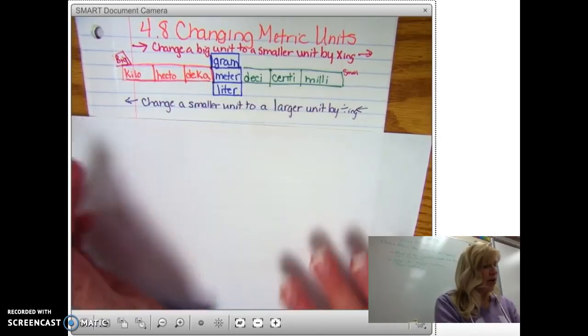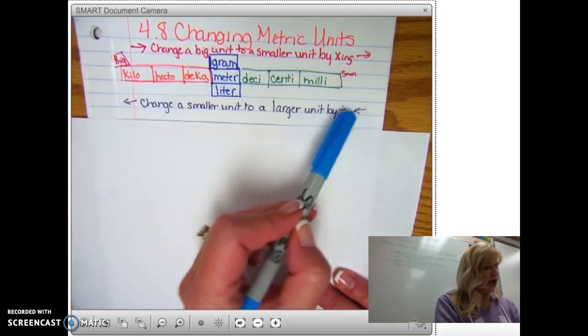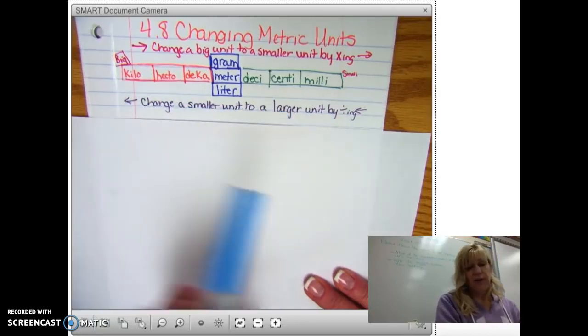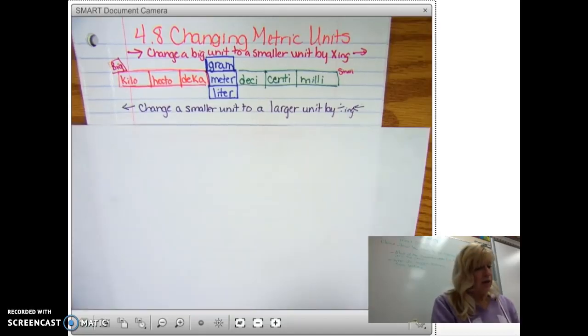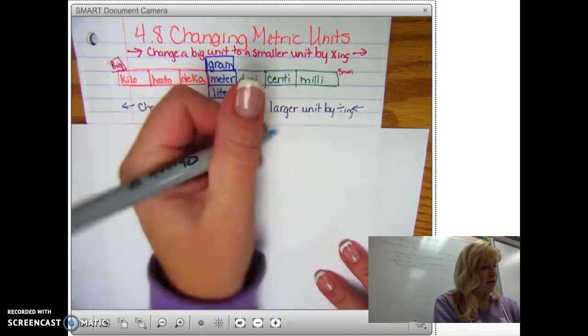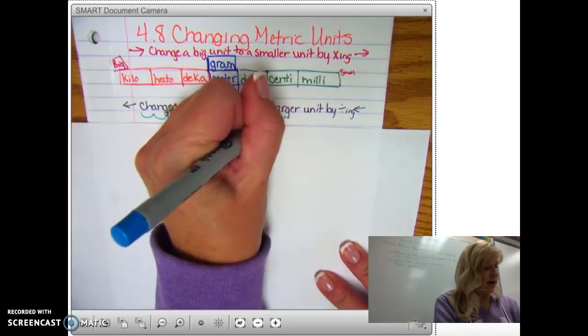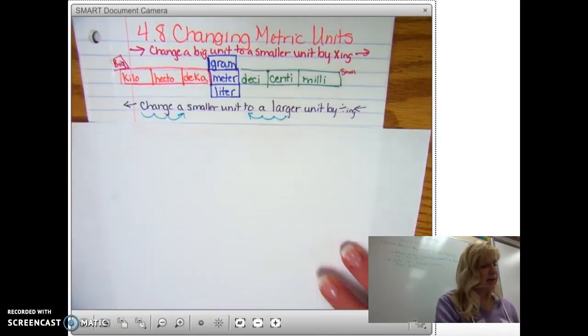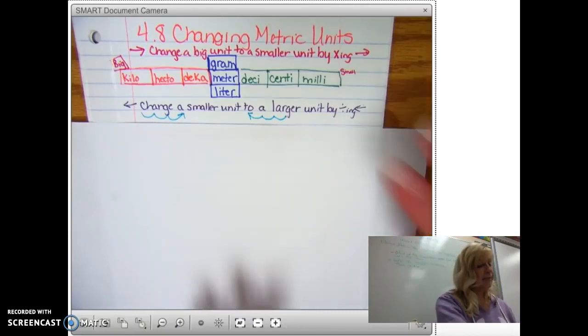When you are changing a smaller unit to a bigger unit, you are going to divide. And what that means is basically doing the swooshes, where you go this way or this way with the decimal. Metric works wonderfully because it is all in base 10.